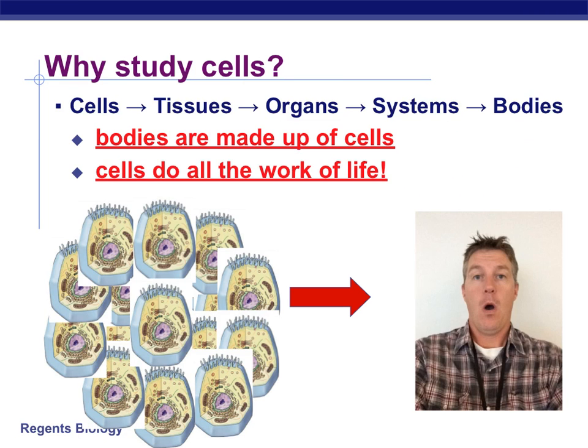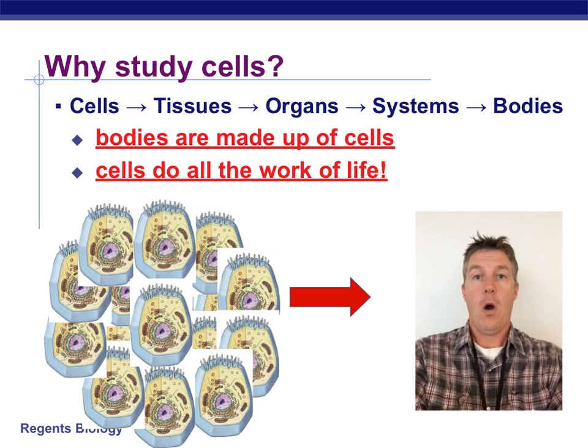Simply put, why study cells? Cells are indeed the basic unit of both structure and function in all living things. If they are the basic structural and functional unit in a body, then cells together make up specific tissues, tissues make up organs, organs make up organ systems, and then you would have an organism.